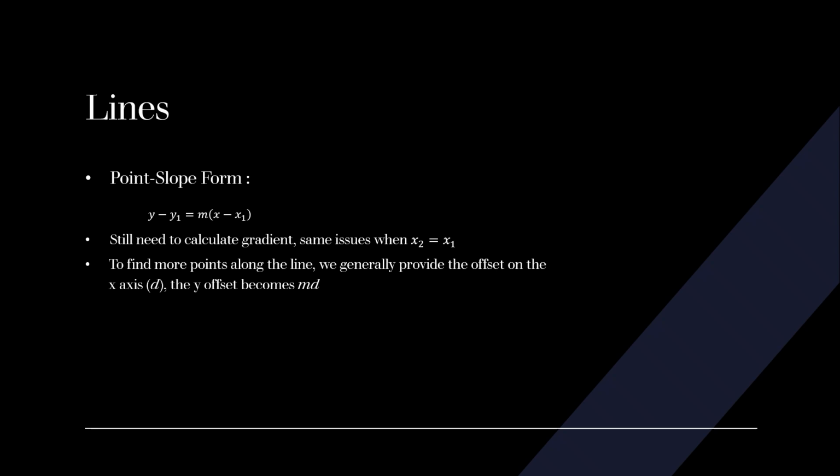With both of these, to calculate more points along the line, we can take an offset along the x-axis, call it d, and the offset on the y-axis simply becomes md. So we can calculate new points based on this. While this is fine, if we want to move a specific distance along the line, it requires additional steps to calculate the offsets that are needed. So none of these are ideal.